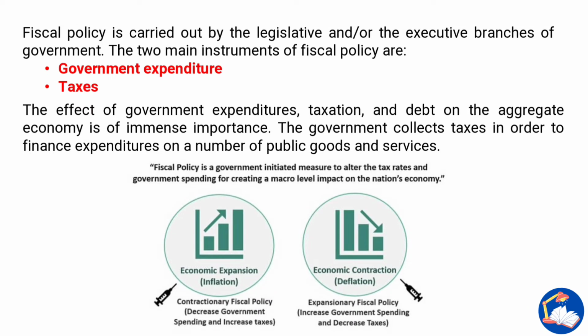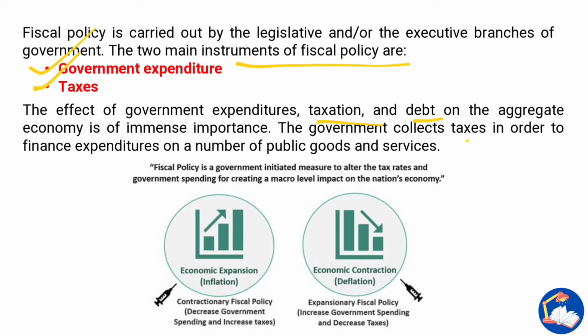Fiscal policy is carried out by the legislative and or the executive branches of the government. The main instruments of fiscal policy are government expenditure and taxes. The effect of government expenditures, taxation, and debt on the aggregate economy is of immense importance.